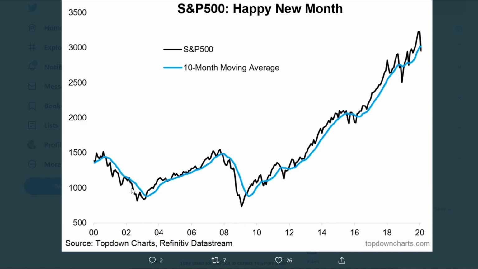In 2002, before the bear market had its last gasp, and then of course into 2007-08, that rule would have actually gotten you out of most of the major down move in 08.